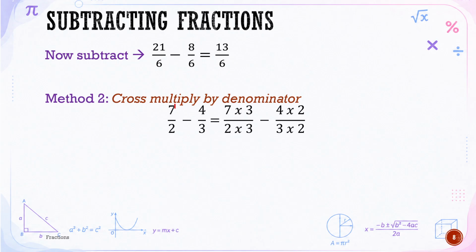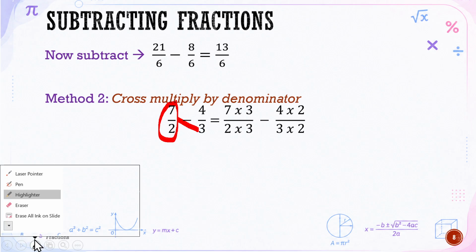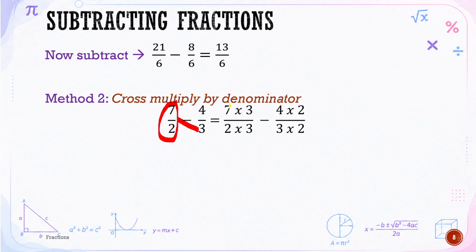Again, the same. The first fraction is going to get multiplied by the denominator of the second fraction, and the second fraction is going to get multiplied by the denominator of the first one. So that gives you 7 by 2 multiplied by 3 to both numerator and denominator, minus 4 by 3 multiplied by 2, that is 4 multiplied by 2 and 3 multiplied by 2.